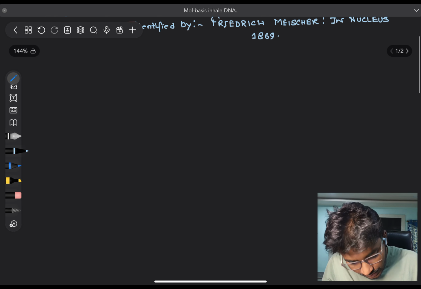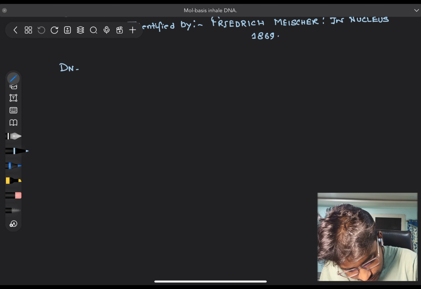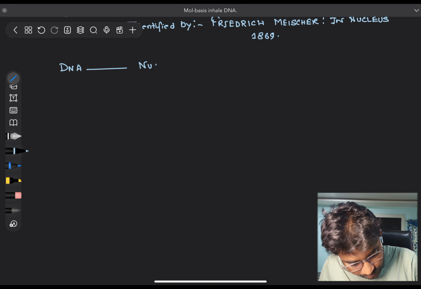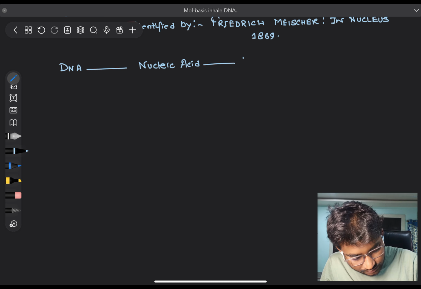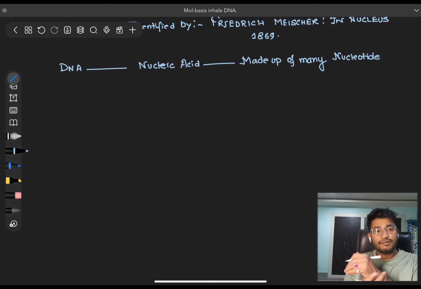DNA is a nucleic acid made up of many nucleotides. So a DNA is made up of nucleic acid and also made up of nucleotides.